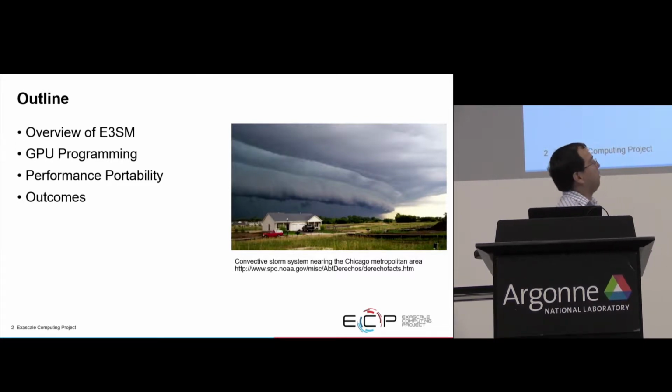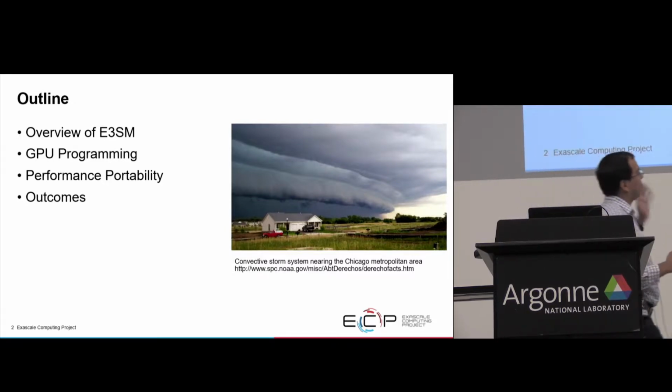This interesting photo says here Chicago metropolitan area, but those of us from the Chicago area know this is actually closer to Rockford, which is not really the Chicago metropolitan area in my opinion. But this is this ominous cloud.